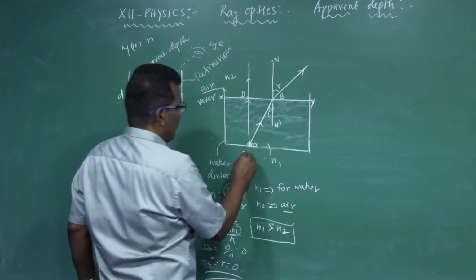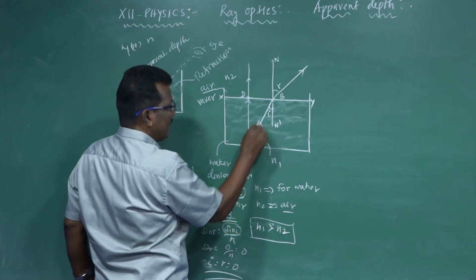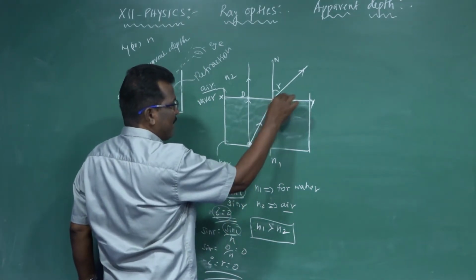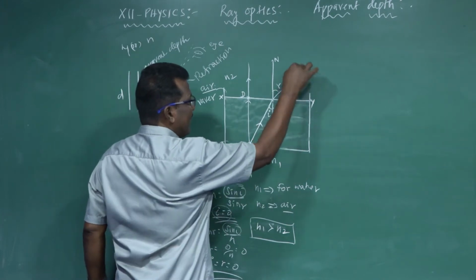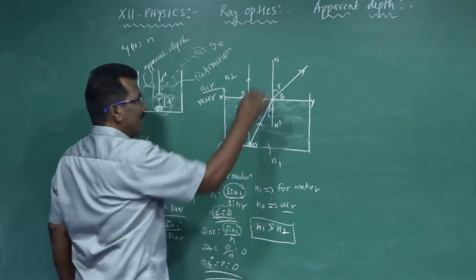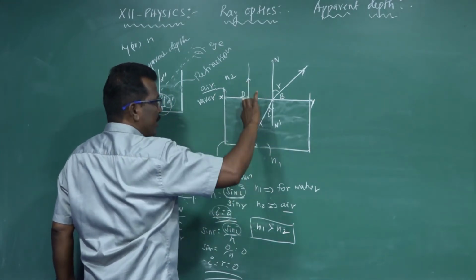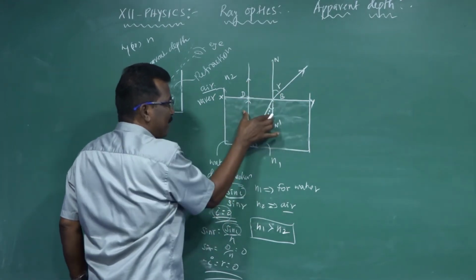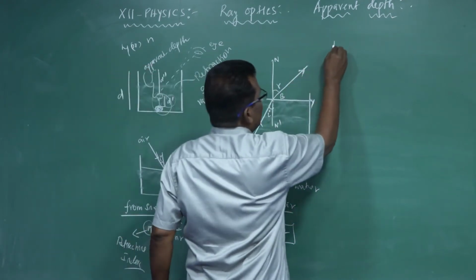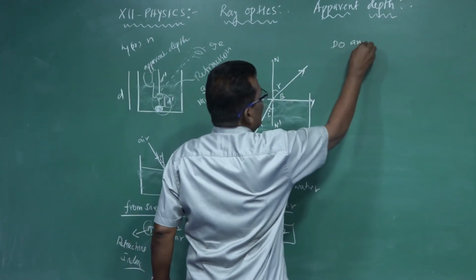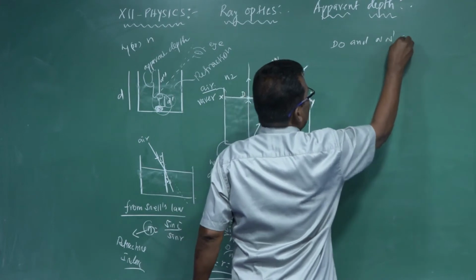Okay. Let's see, light from point O is incident at point B on the surface which separates the rarer medium and the denser medium, and is deviated away. See, this N and N prime and DO are parallel.